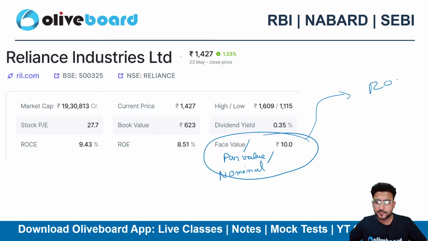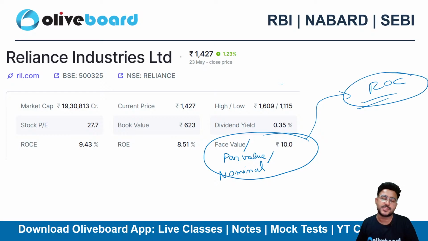This is the price at which you took registration from the ROC, registrar of companies. Okay, this is the price written on your share certificate.